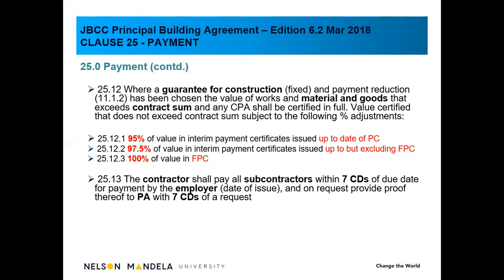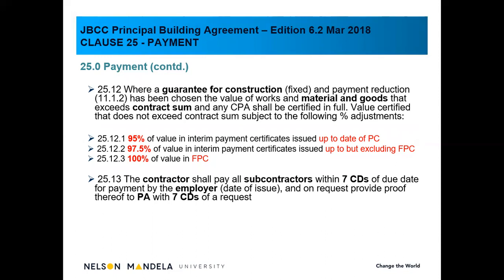In other words, I'm not going to pay the contractor 100% of the value of work certified. I'm going to hold back 5%. That is the payment reduction. It's 5%. There you can see 25.12.1 talks about we're only going to pay the contractor 95% up till practical completion. We'll talk about the construction guarantees when we actually deal with the payment certificate calculations.